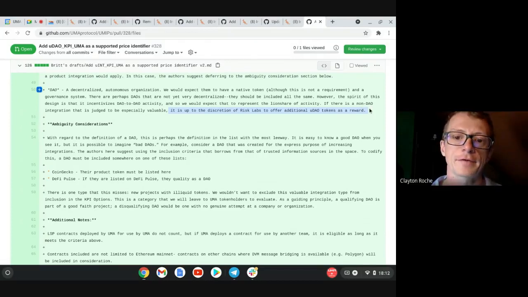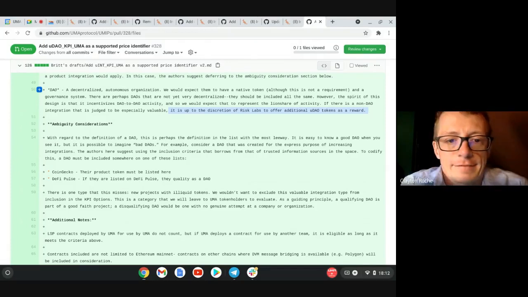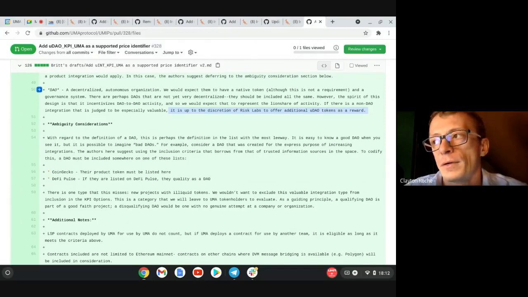So that comes in the context of the above sentences where I'm basically explaining that there are possibly non-DAO integrations that I could imagine UMA wanting to see happen. So you could imagine a centralized crypto team that is not marketing itself as a DAO that wants to use our treasury management.